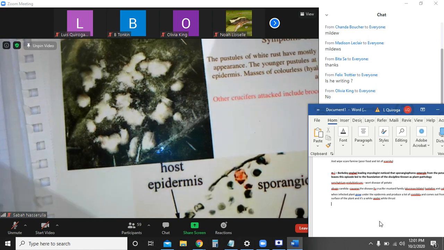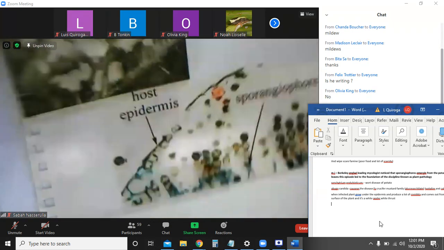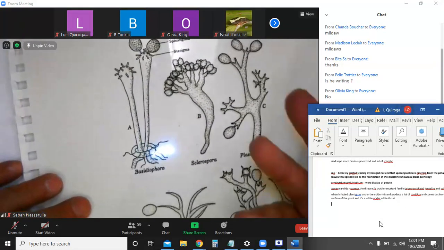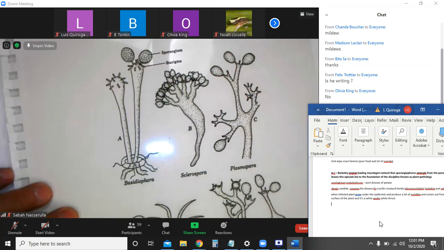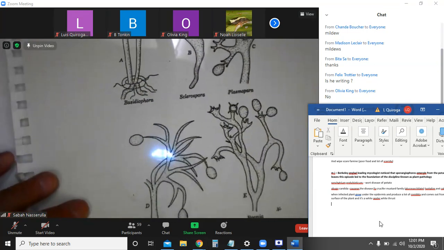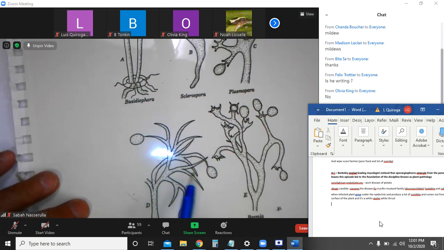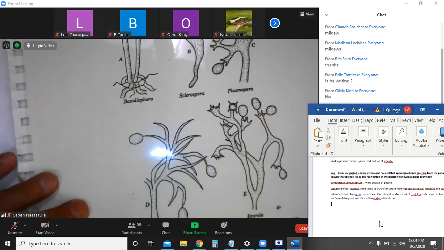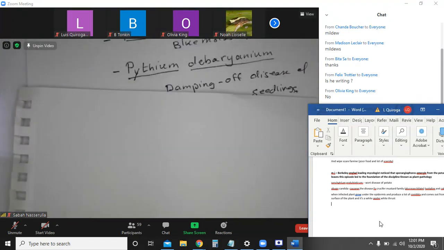Basically, some of them produce like this one here. For example, this is how the conidia or the spores of Plasmopara look. This is how the spores of Peronospora look. So they have different shapes, and that's why we can identify them. I just want you to know this.